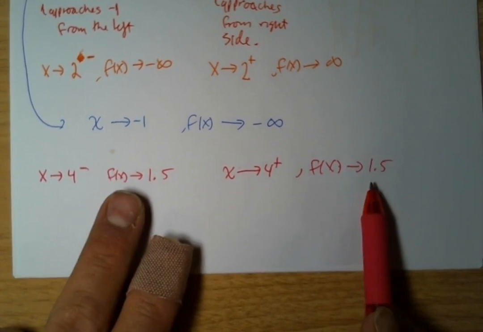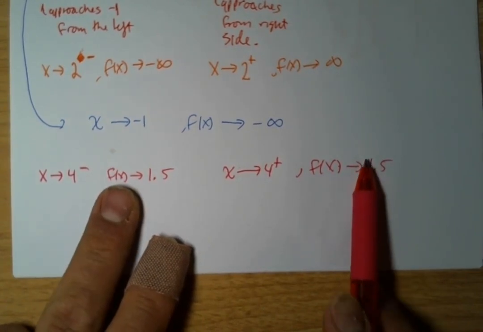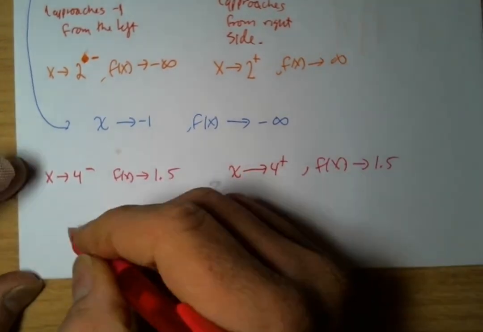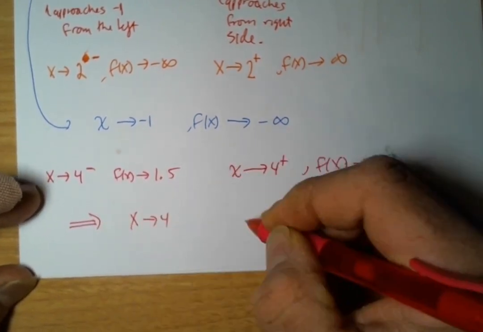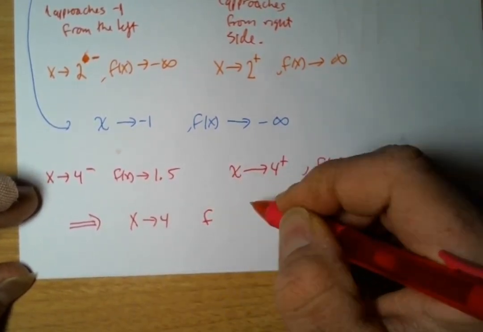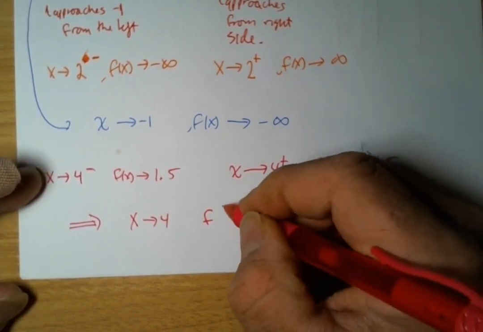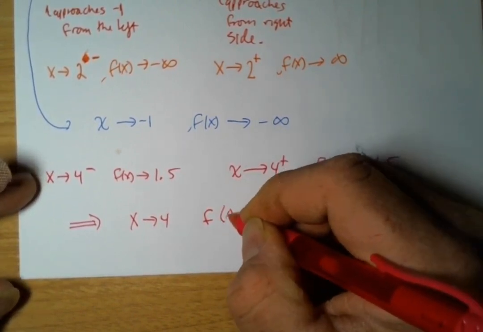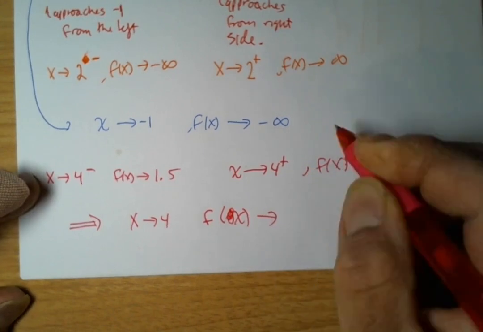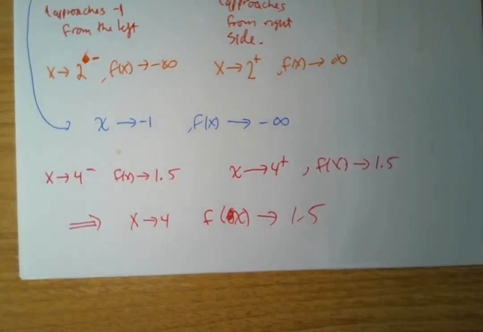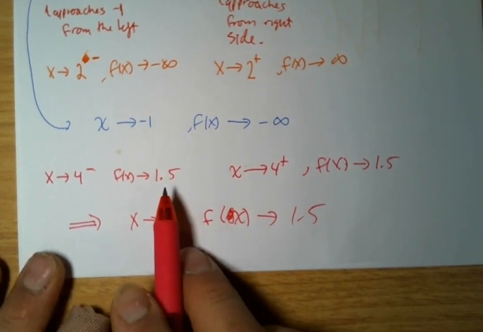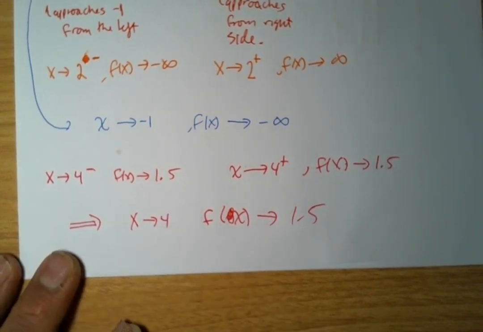And since we have similar behavior on the left and the right, the statement we can make now is that as x approaches 4, f of x approaches 1.5, because the left and the right sides are approaching the same value.